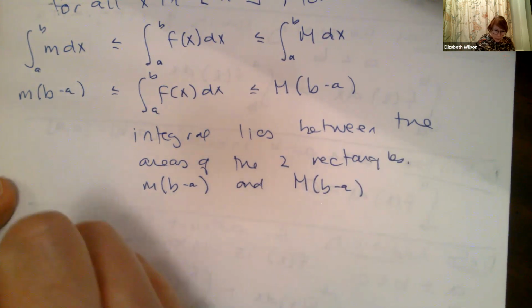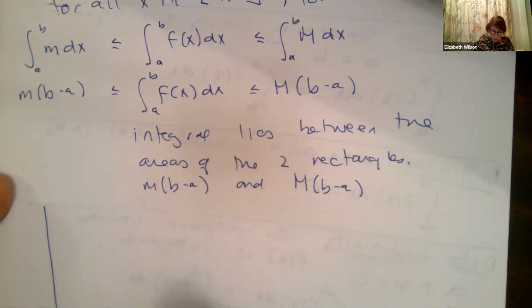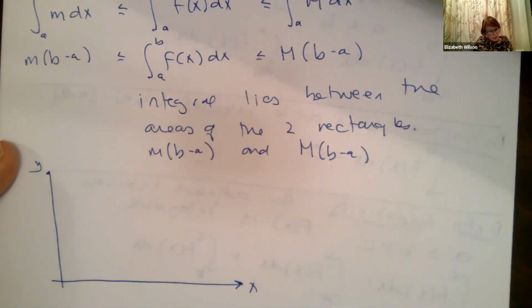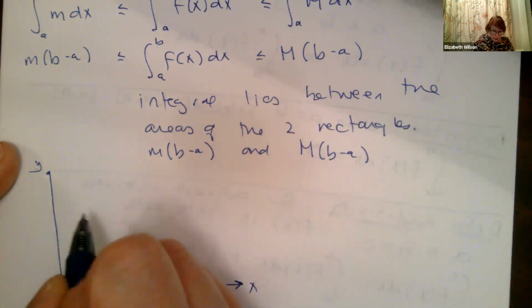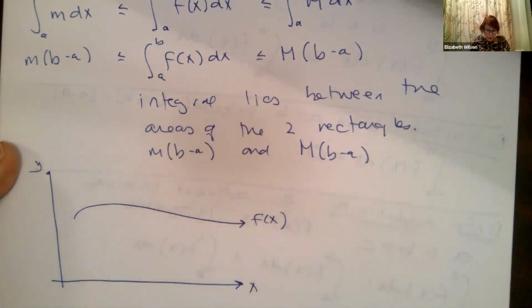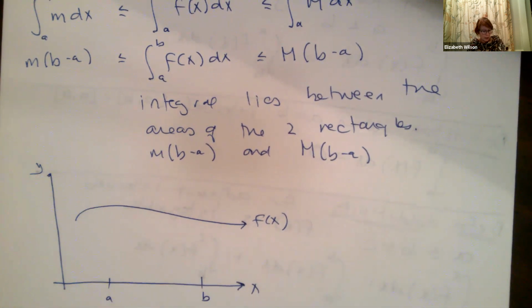Okay, so let's draw a picture just so you can see what it looks like and why we would do this. Here's our x-axis, here's our y. All right, so let me think how I want to do this. So here's my function, and I'm going to go from a to b. Now let's say my upper bound.